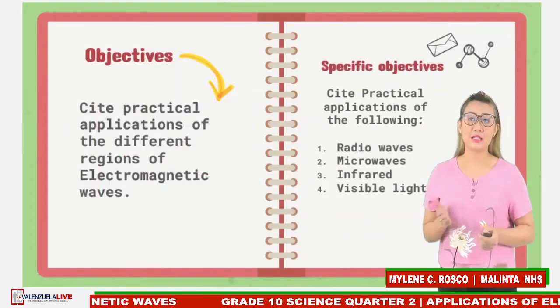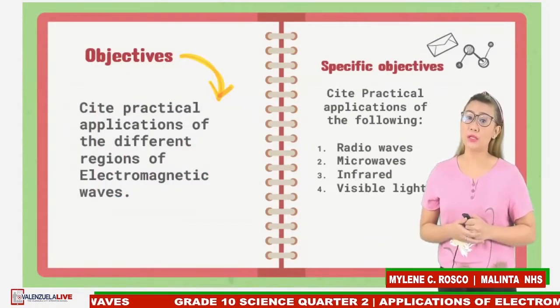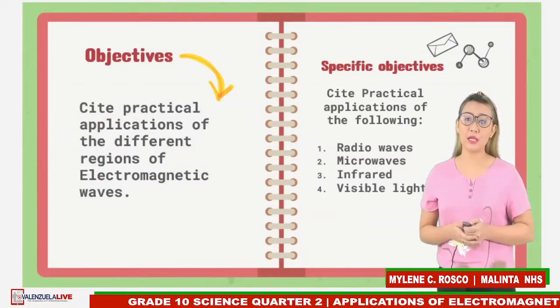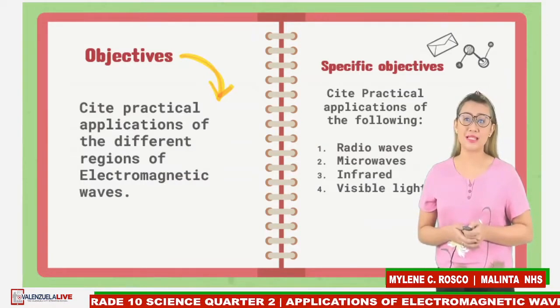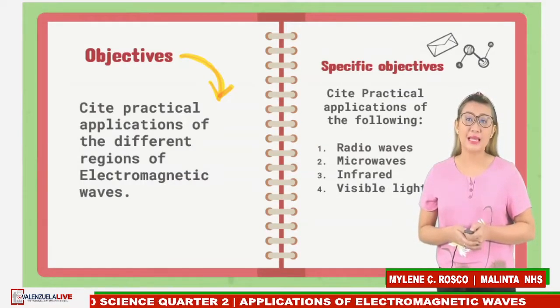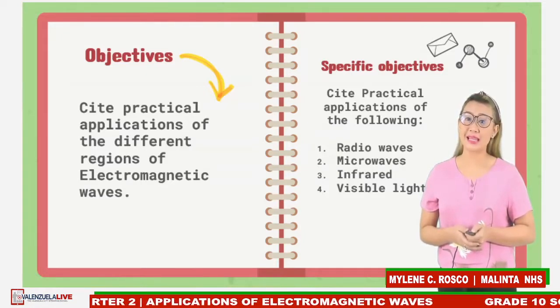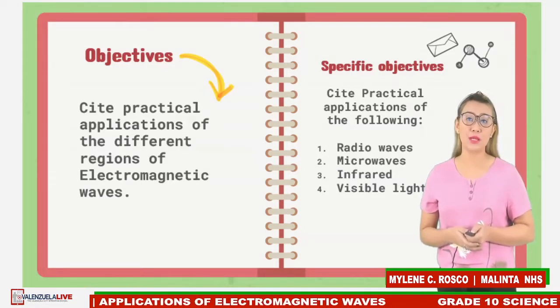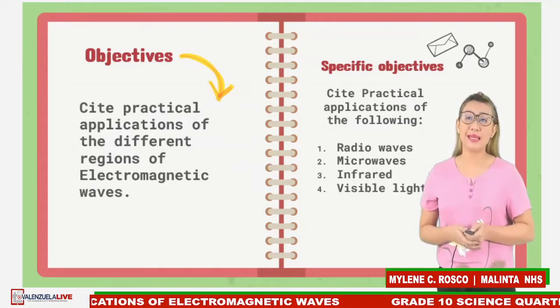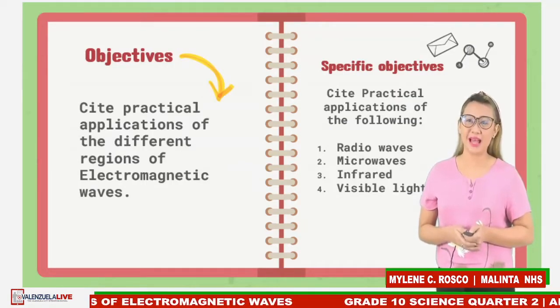Well, in today's discussion, we are going to cite practical applications of the different regions of electromagnetic waves. Specifically, we are going to cite applications of radio wave, microwave, infrared, and visible light.